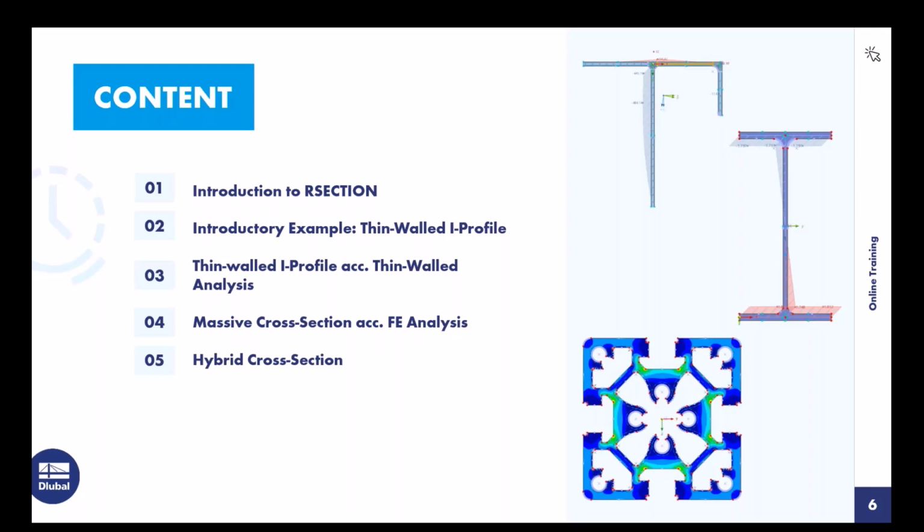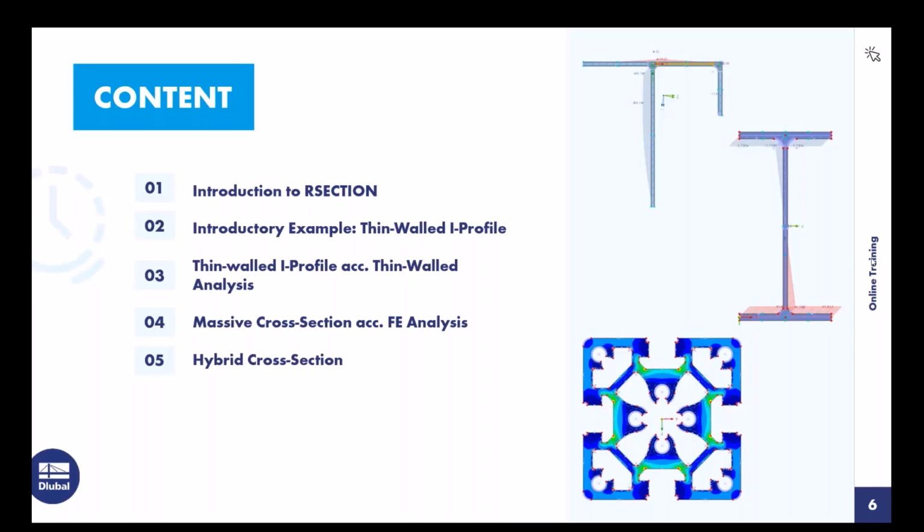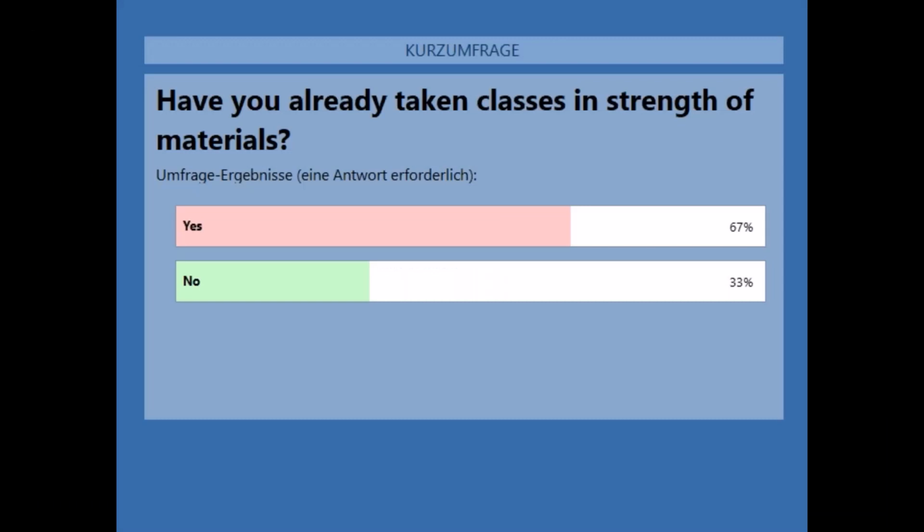First, I start a survey to find out whether strengths of materials has already been covered in your studies. I ask you to answer this now. Okay, most of you have already got info about strengths of materials. Okay, then I would ask you to answer the following survey.